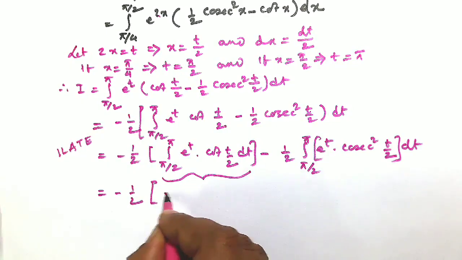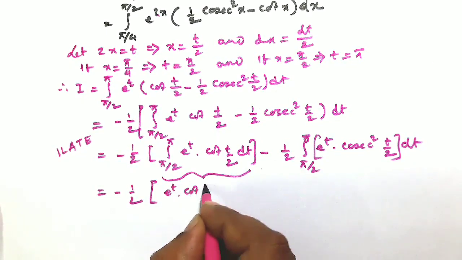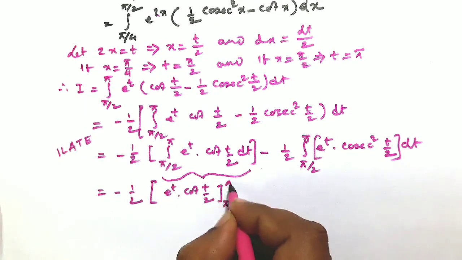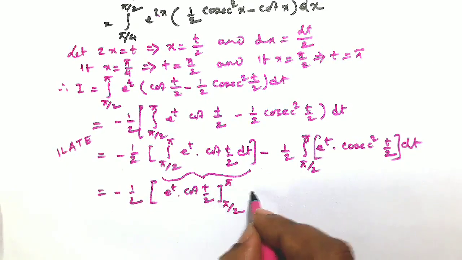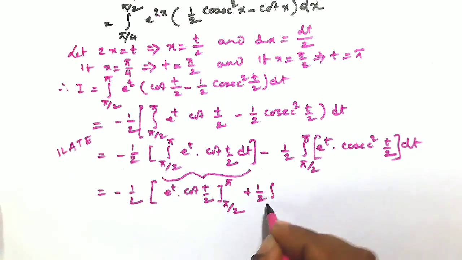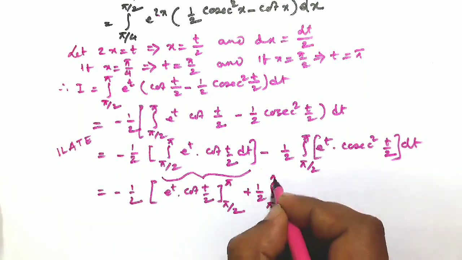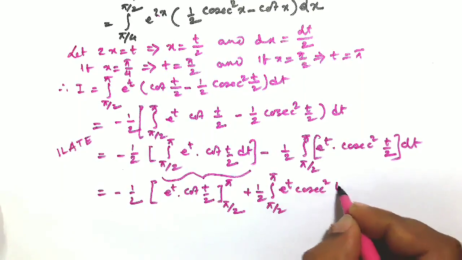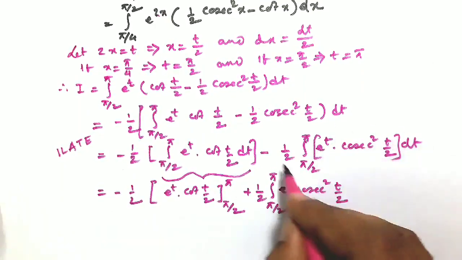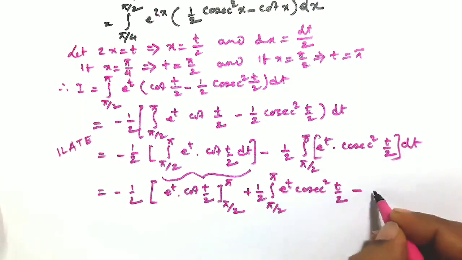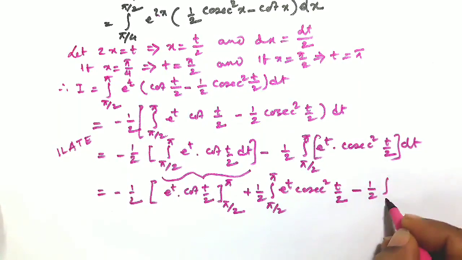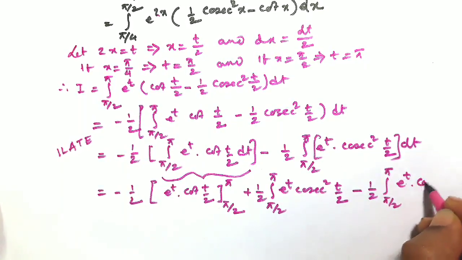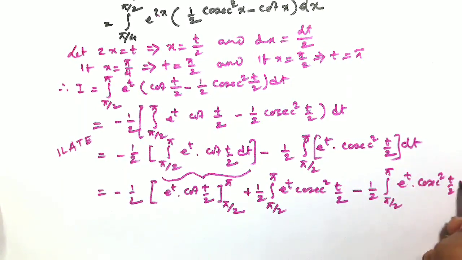So this is e to the power t into cot of t by 2, limits from pi by 2 to pi, plus half integration pi upon 2 to pi e to the power t cosec square t upon 2, and the remaining part is as usual minus half integration pi upon 2 to pi e to the power t cosec square t upon 2 dt.